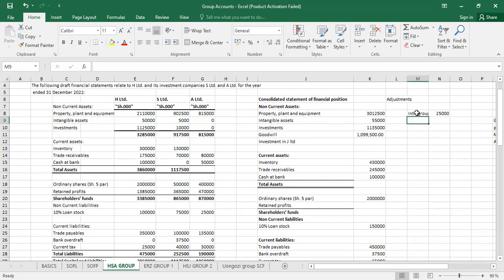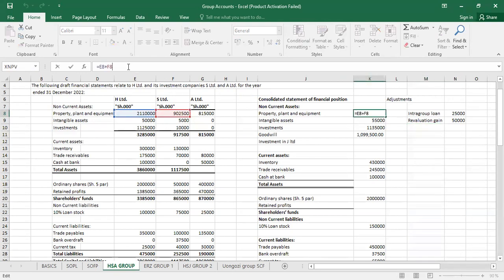Then we also have a revaluation gain of 50, isn't it? So this revaluation gain will be added to PPE, isn't it?